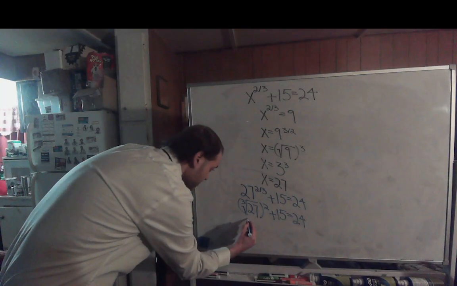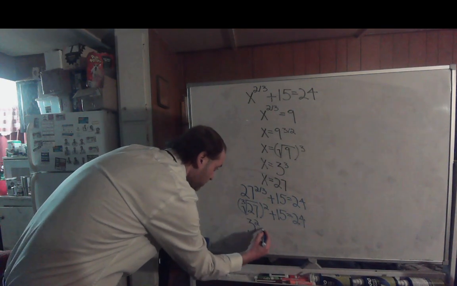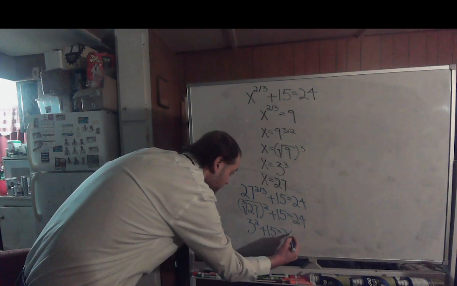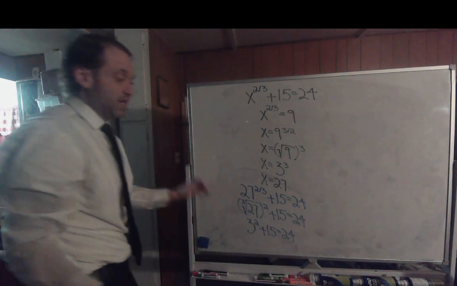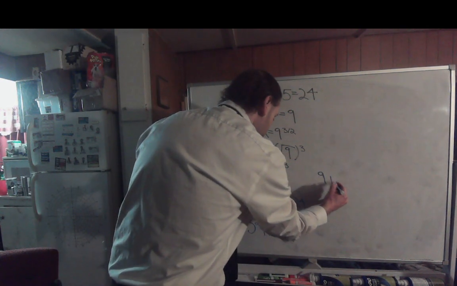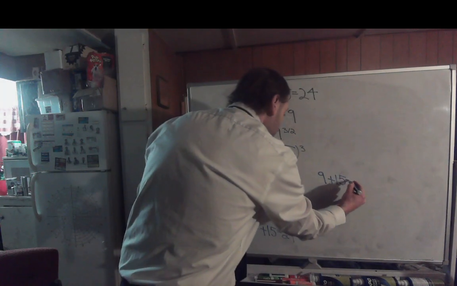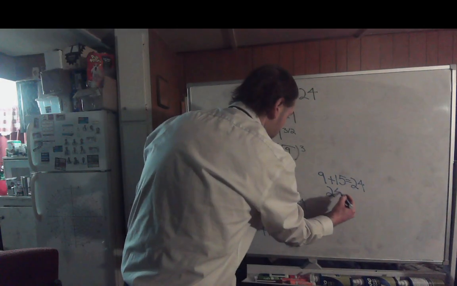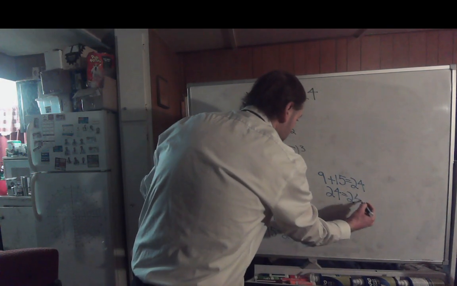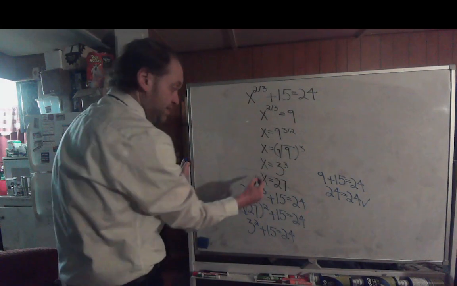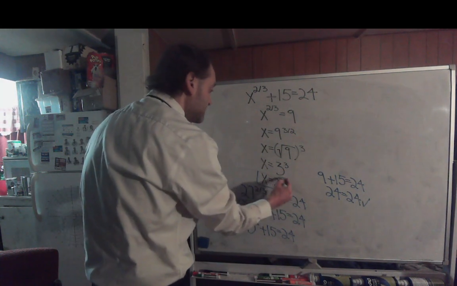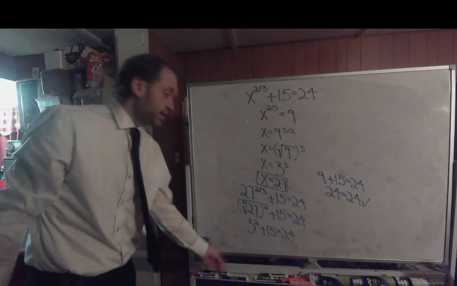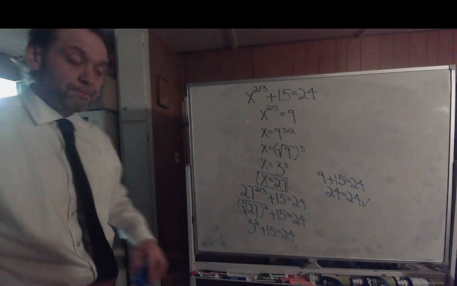That's 3, so this would be saying 3 to the 2nd power plus 15 equals 24. 3 to the 2nd power is 9, so you get 9 plus 15 equals 24, which would give you 24 equals 24. So it actually checks out, which means that x equals 27 is the solution to this equation. So x would equal 27.